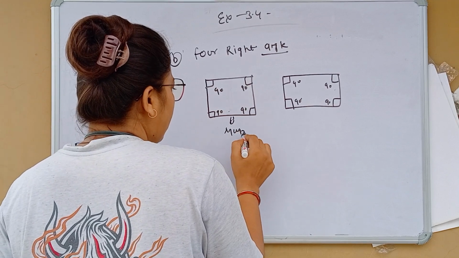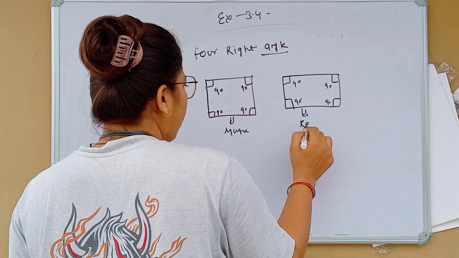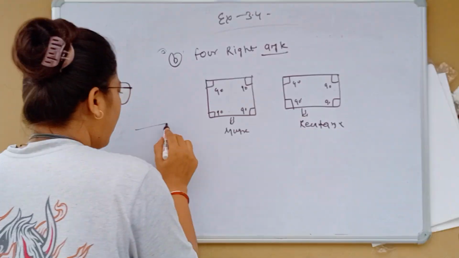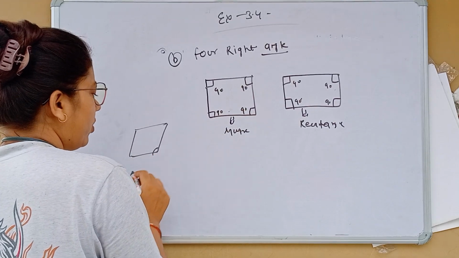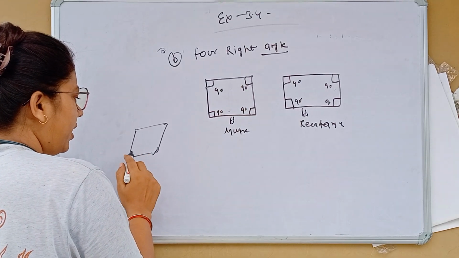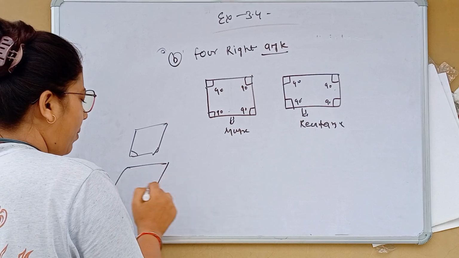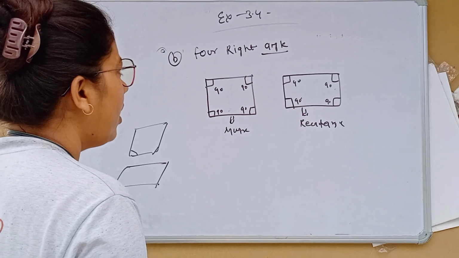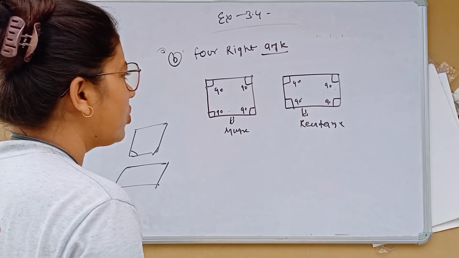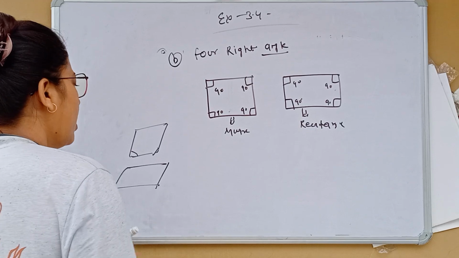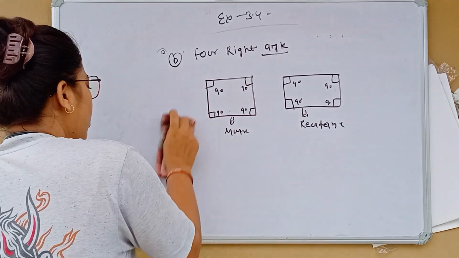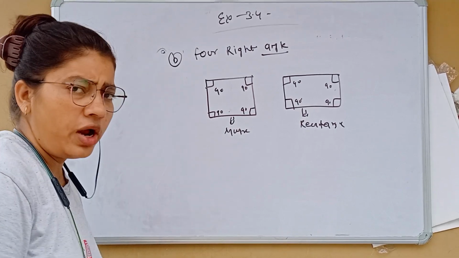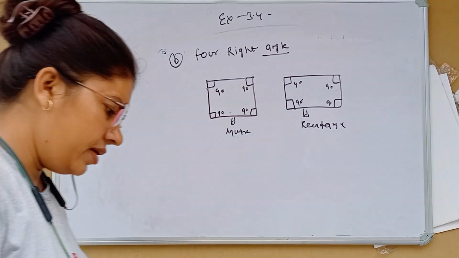Not rhombus or parallelogram, because they do not make 90 degrees; the angles are greater than 90 degrees or less than 90 degrees. So only two quadrilaterals have four right angles, square and rectangle. First make your figure, then write the names.